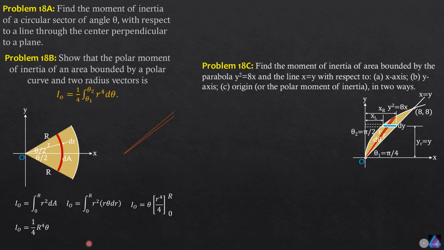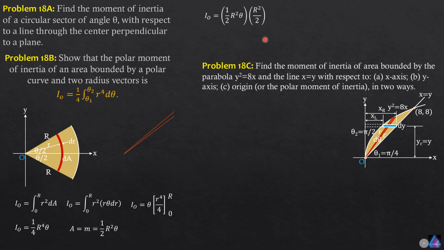So if we denote the mass as small m, which is equal to the area of the sector, which is 1/2 big R squared times central angle theta, then we can rewrite I_O as 1/2 of R squared theta times R squared over 2.